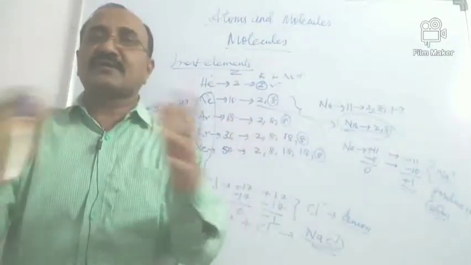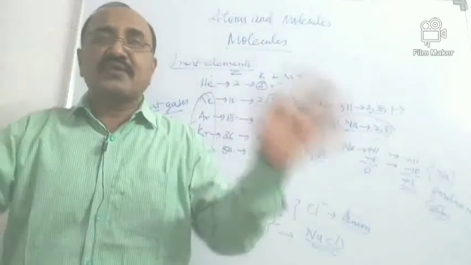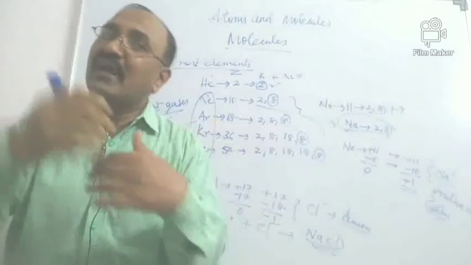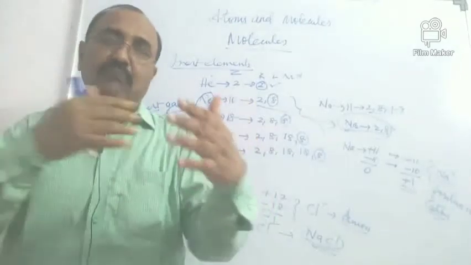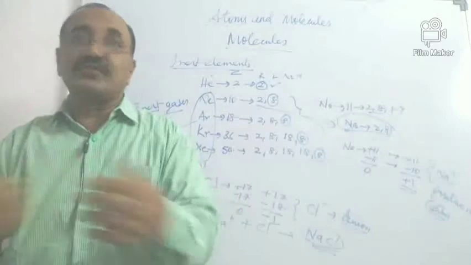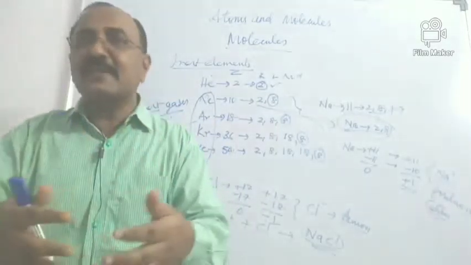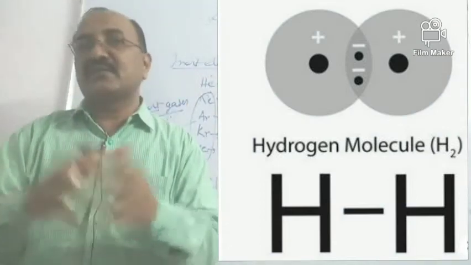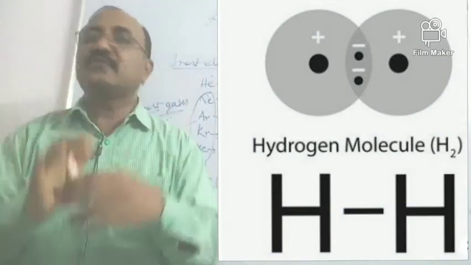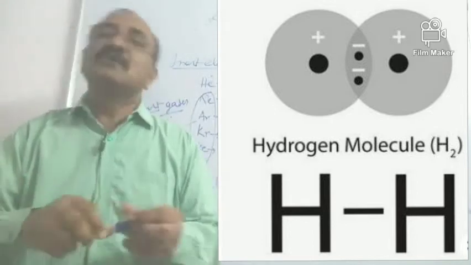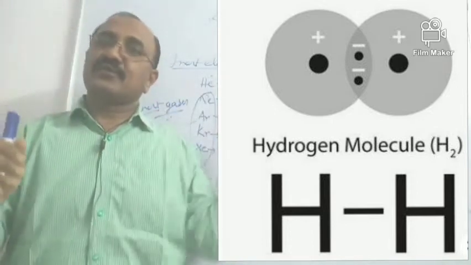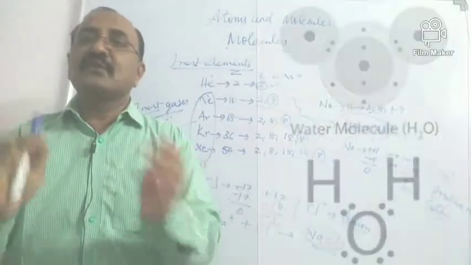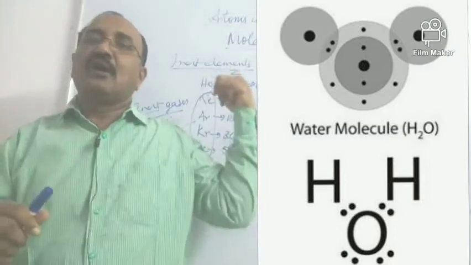Their atoms are free, but the atoms of other elements are always trying to combine with other elements, either giving electrons or taking electrons. Sometimes there is a process of sharing electrons also, and the result is a unit called a molecule. So atoms combine to form molecules in order to become stable. Stable means getting the configuration of inert gases. The sole purpose of atoms becoming molecules is to make stability possible.